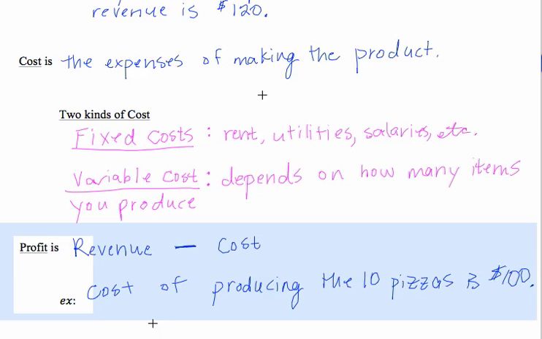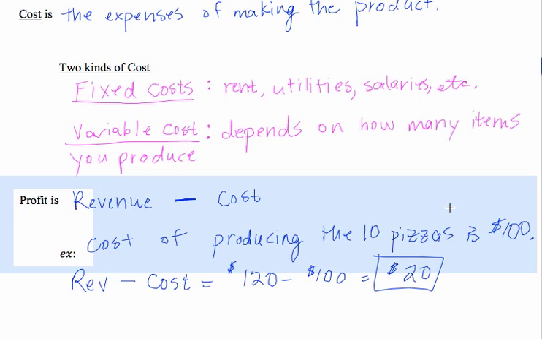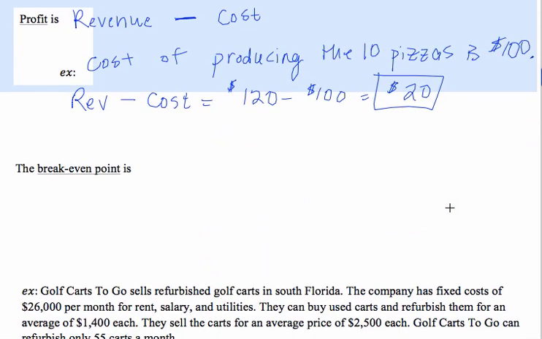So we're going to subtract, let's abbreviate here, revenue minus cost is 120 minus 100, or 20 bucks. Sounds like a lot of work to go to make 20 bucks, but that's the idea. That's the conceptual idea behind revenue, cost, and profit.